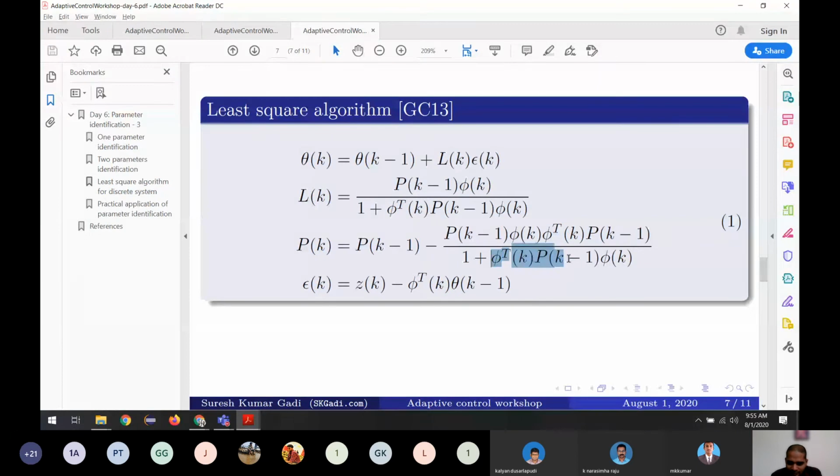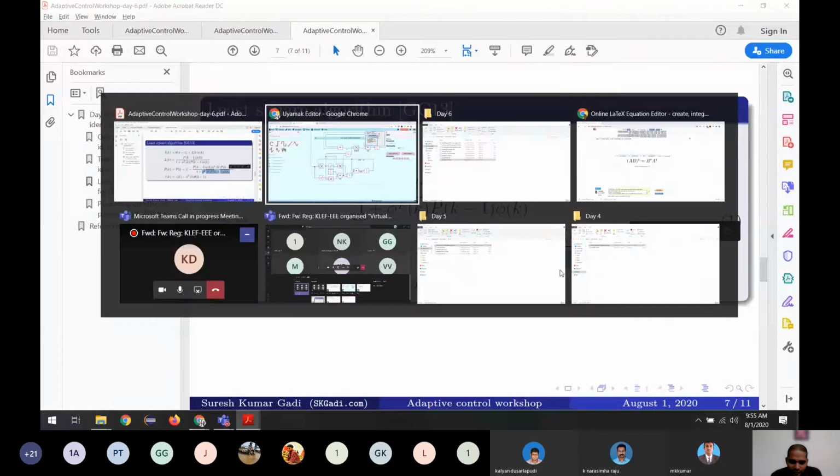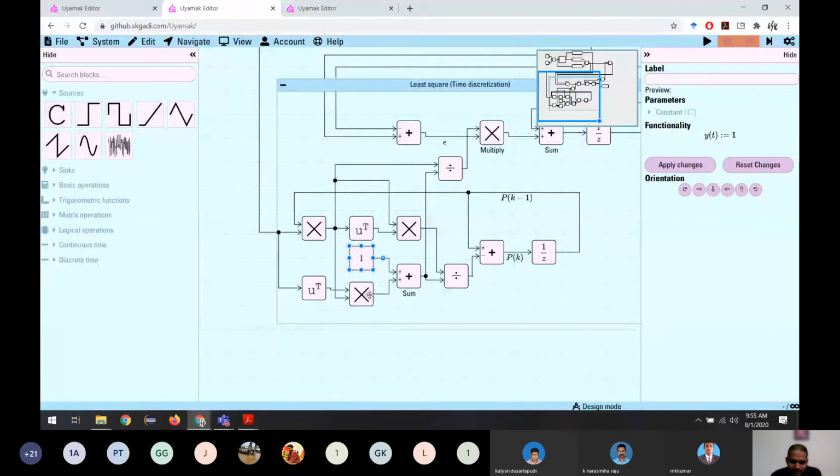What is the other? The other one is this term, right? So let us see how we get this. The first one we got this. The second term is, okay, the first one is phi transpose. So this is phi. So let's say this is phi.